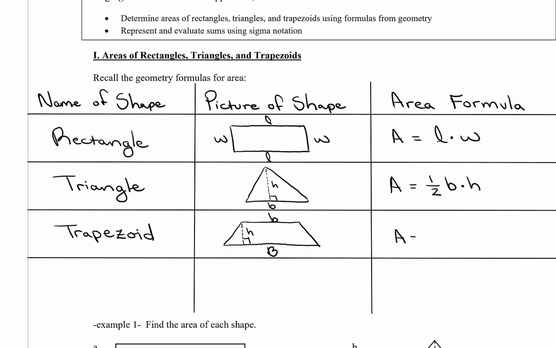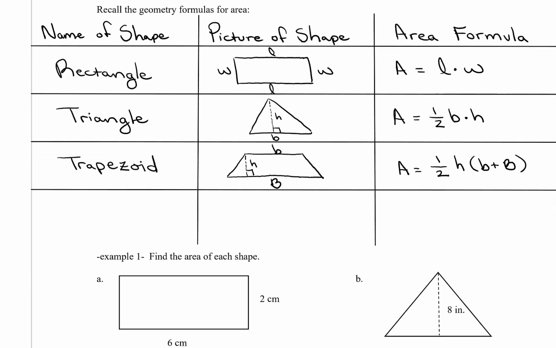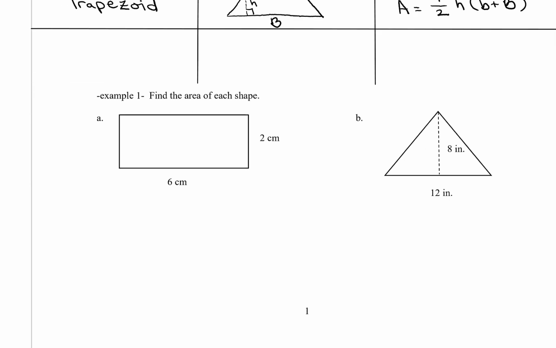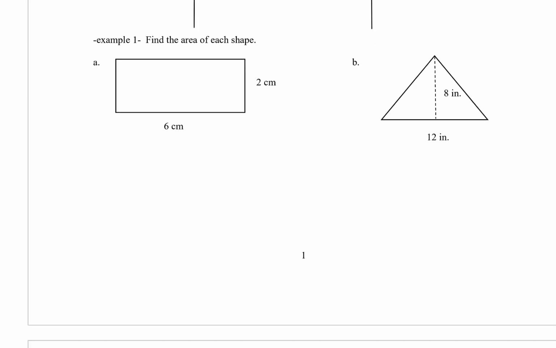I'm going to label that with an H, and I'm going to label the 2 parallel sides with a lowercase b, the shorter side, and an uppercase B, the longer side. The area formula for a trapezoid is A equals 1/2 times H times the quantity little b plus big B. That's going to stand for area is equal to 1/2 times height times the smaller base plus the bigger base.